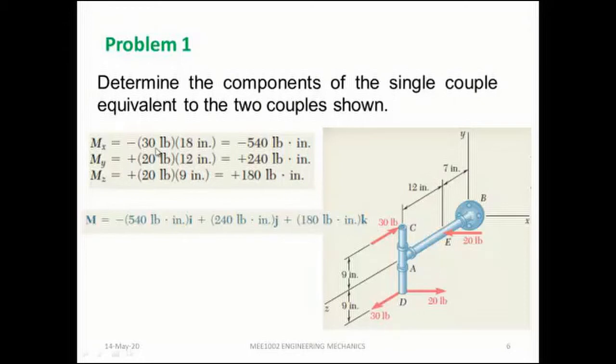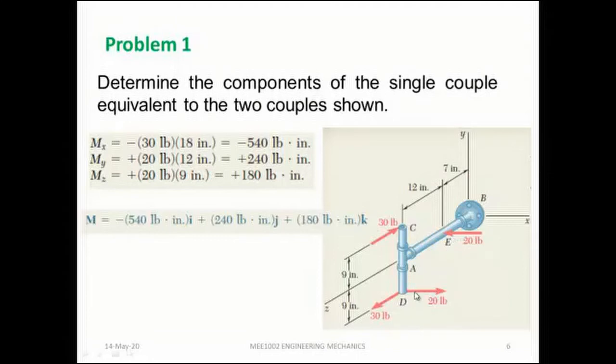So about the x-axis, 30 into the distance between the two forces, that is 9 plus 9, 18. Now you have the other two forces. This is also equal and opposite, but if you find the perpendicular distance, or the distance between the two forces, it will be inclined.